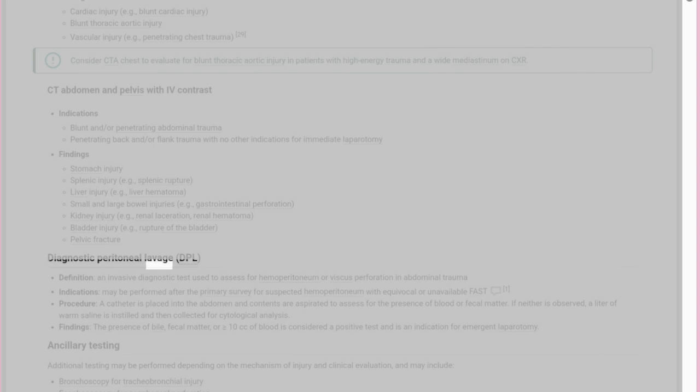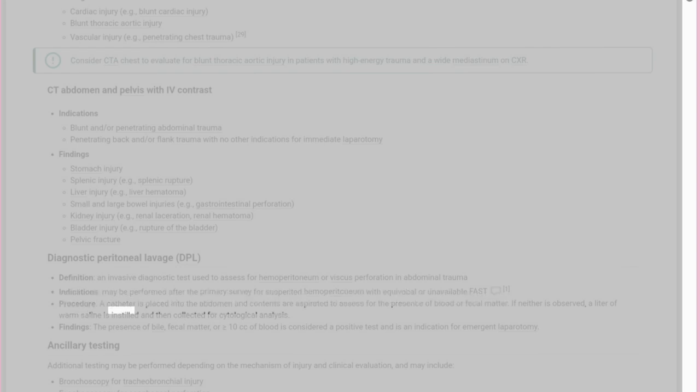Diagnostic peritoneal lavage, DPL. Definition: an invasive diagnostic test used to assess for hemoperitoneum or viscus perforation in abdominal trauma. Indications: may be performed after the primary survey for suspected hemoperitoneum with equivocal or unavailable FAST.